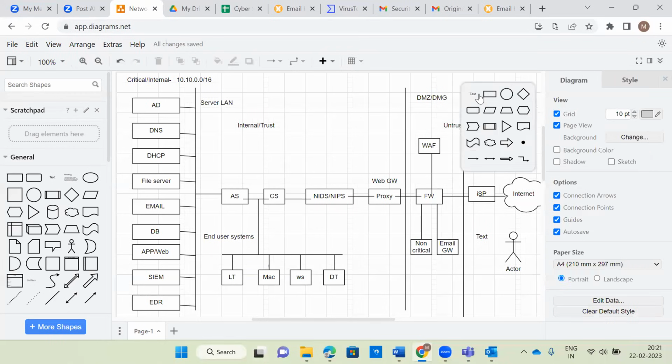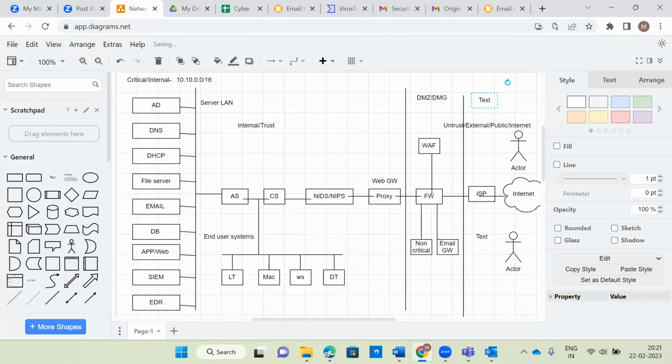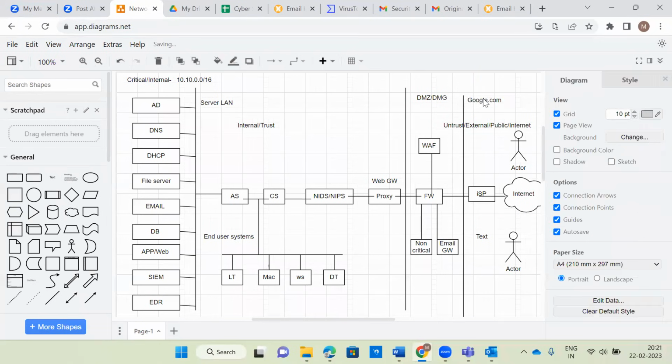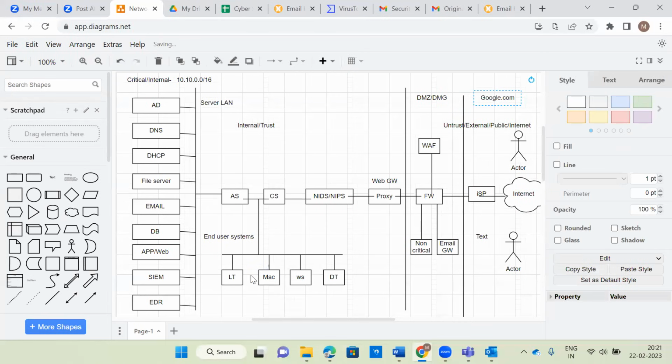In the internet zone, outside, the untrust zone. From the user, the request goes to the access switch, then to the DNS server, back to the core switch, then NIDS/NIPS, proxy, firewall, ISP router. Then it reaches google.com.